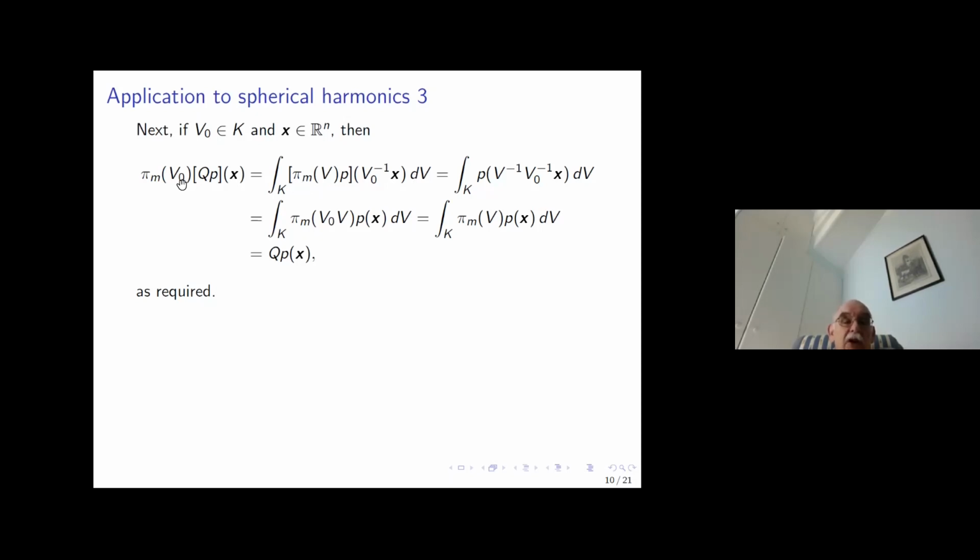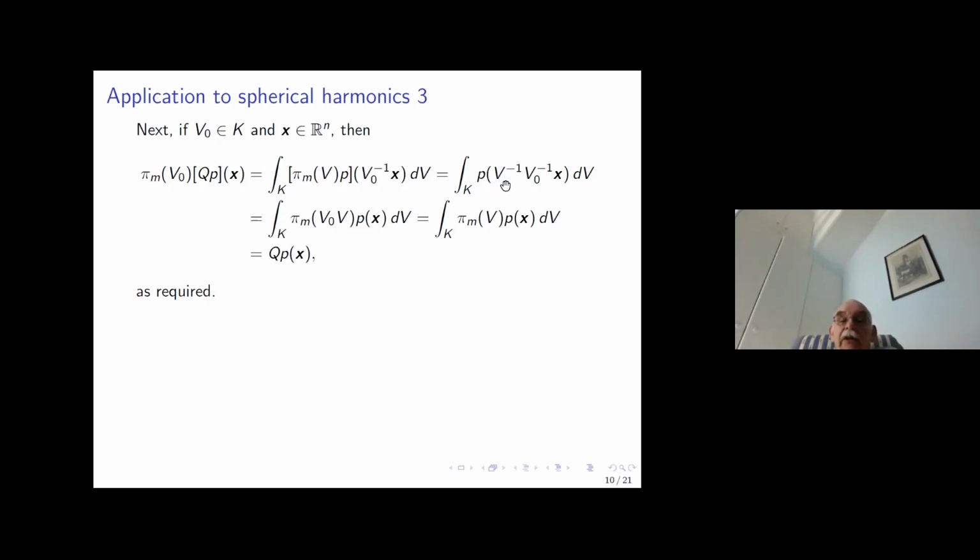By definition, that's pi m v0 applied to P, but I have to translate by v0 to the -1, because pi m of v0 brings in a v0 to the -1 times x. So this is this, and then QP is this bit with the integral of pi m v of P integrated with respect to v.